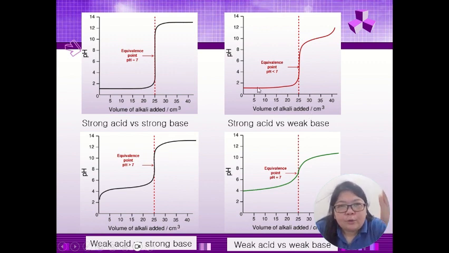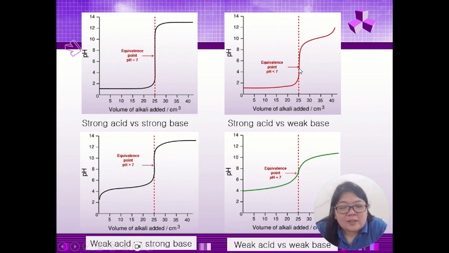So slowly flowing ammonia solution from the burette into the conical flask, the pH will slowly rise until here, one drop of ammonia neutralizes all the H plus ions in the solution. So pH will go up, but in this case, the equivalence point is less than 7.